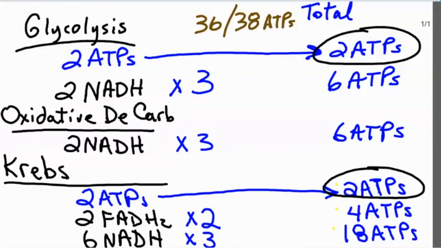You got it. Those are our direct ATPs. There was no conversion needed for those two. Those two came directly out of the process. But all the other 34 had to come from those high energy molecules, right? We had to create them. Or 36. Or 30. Oh, I can't do math now.